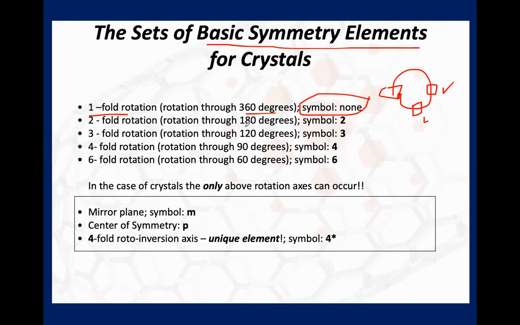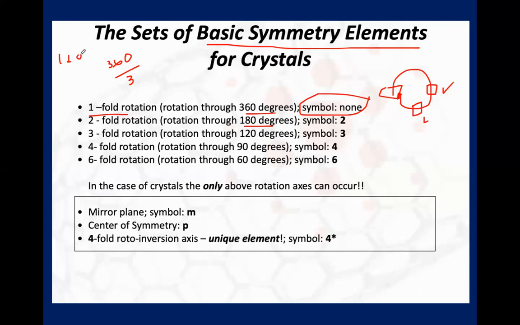So two-fold rotation is 180 degrees. But you can always find this factor: if you see the same object three times over a 360-degree rotation, then to find the angle, you divide 360 by 3. It should be 120, right? Three-fold, 120, like that.